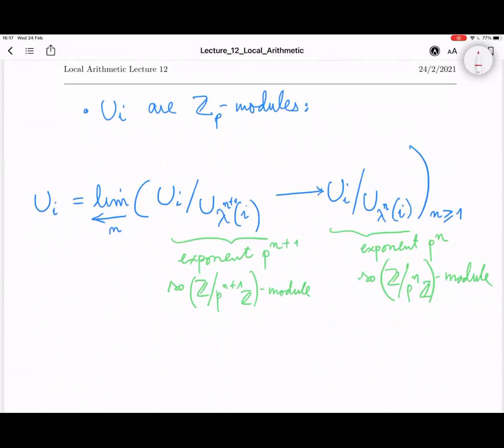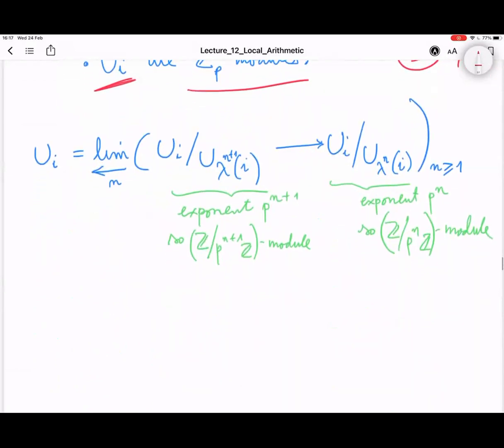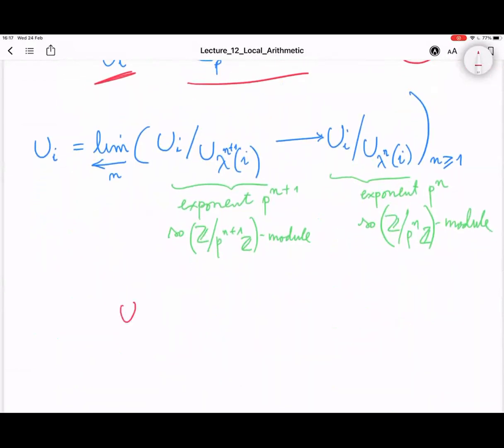So the next claim is that these U_i are Z_p modules. Remember, we had that O is a Z_p module, but that tells you something about the additive group of this ring. Now these U_i are not subgroups of the additive group.